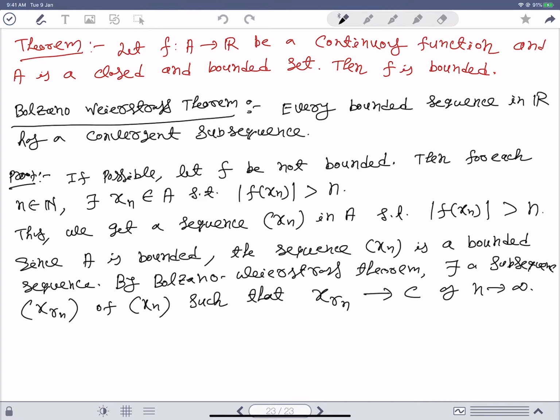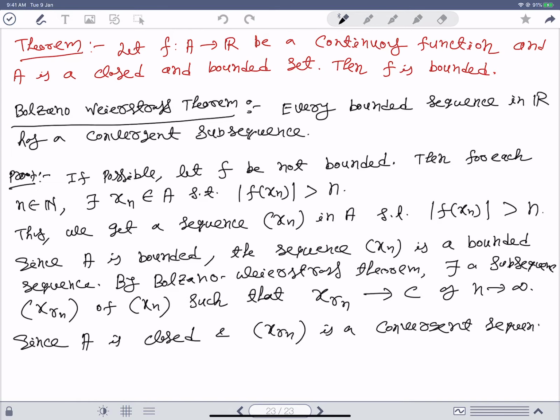Now we know that A is closed, right? Now since A is closed and xrn is a convergent sequence in A, and xrn converges to C, therefore, by the definition of closedness, we can say that C belongs to A, right?